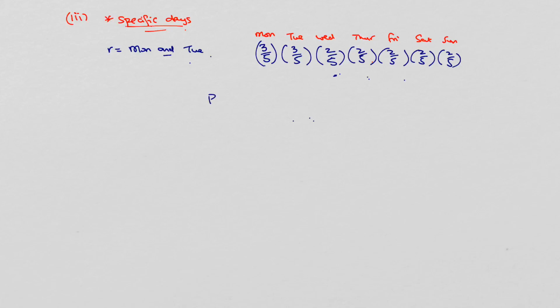So in other words, the probability that she only answers on Monday and Tuesday only is basically 3/5 squared and 2/5 to the power of 5. And that gives us then 0.00366864.